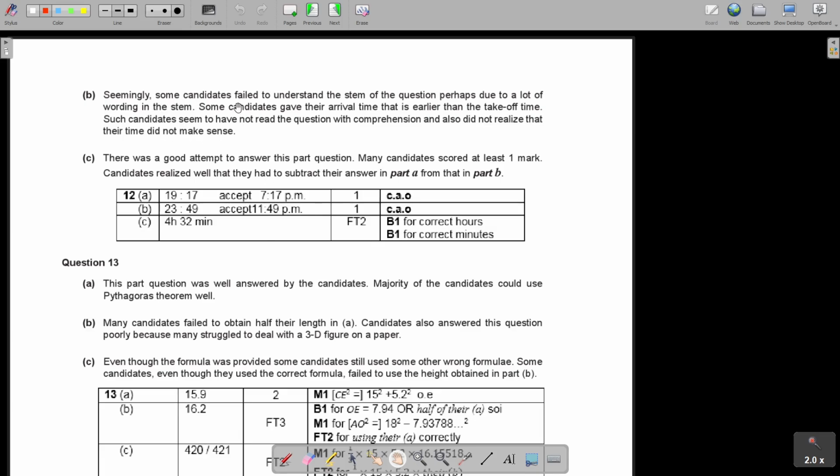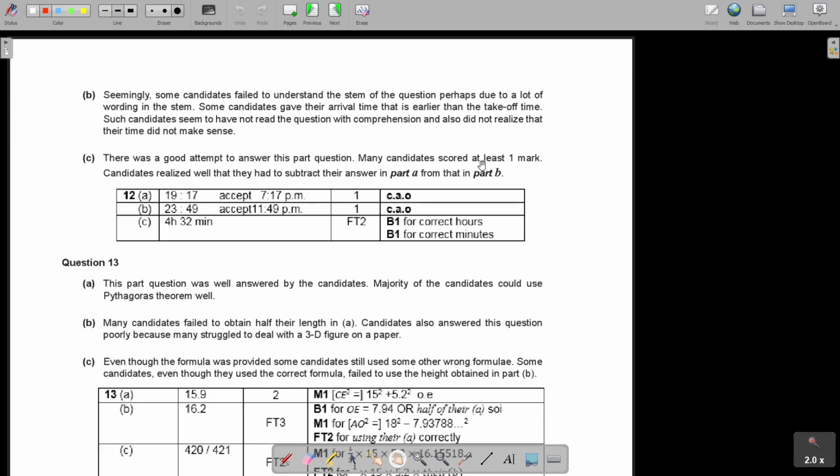And then seemingly some candidates failed to understand the stem of the question, perhaps due to a lot of wording in the stem. Some candidates gave their arrival time that is earlier than the takeoff time. Such candidates seem to have not read the question with comprehension, understanding, and also did not realize that their time did not make sense. So they wanted actually this one, but they accepted also this one. And then there was a good attempt to answer this part question.